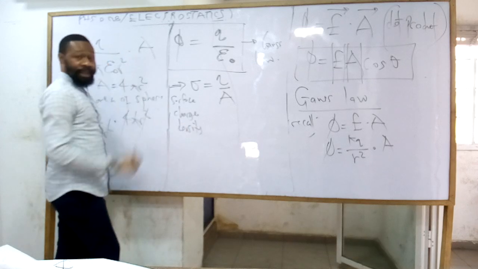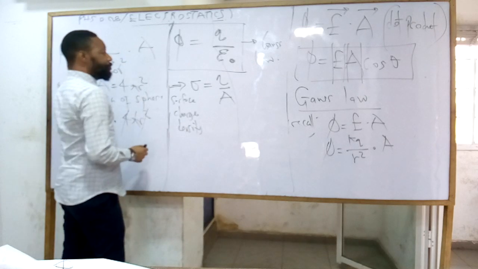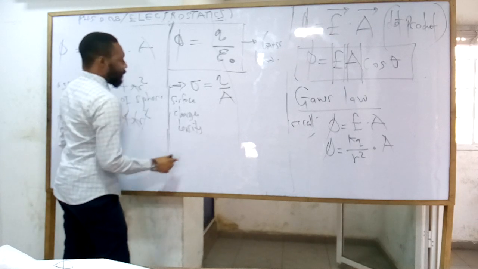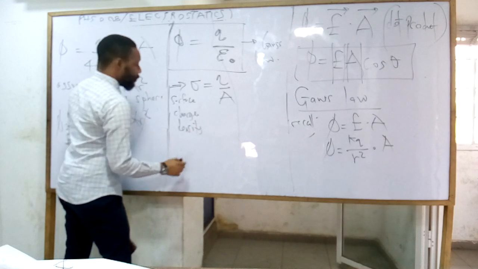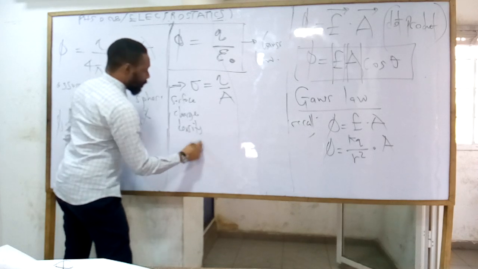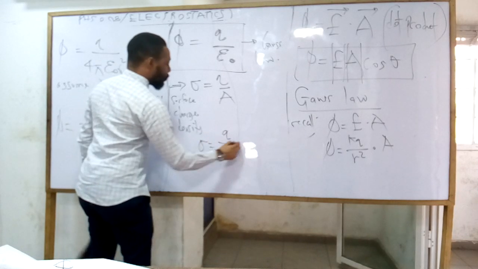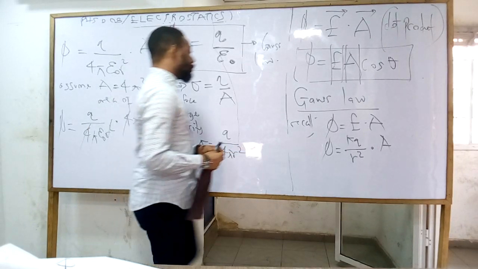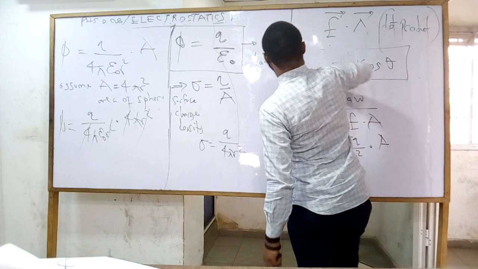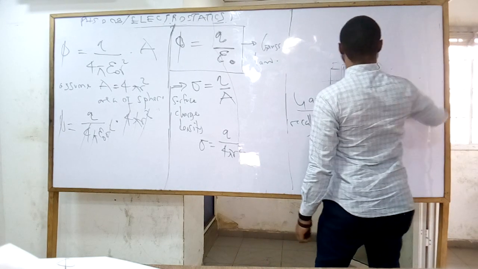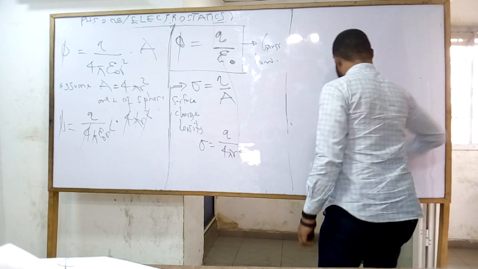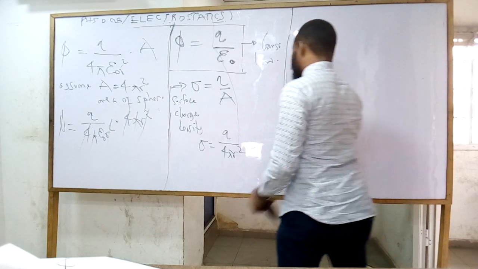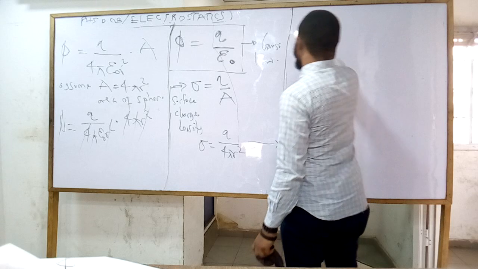If I go further, I can say my sigma equals Q over 4 pi R squared. Let me keep this.